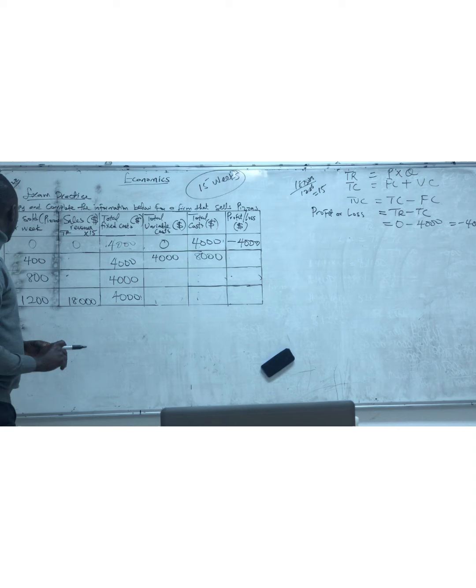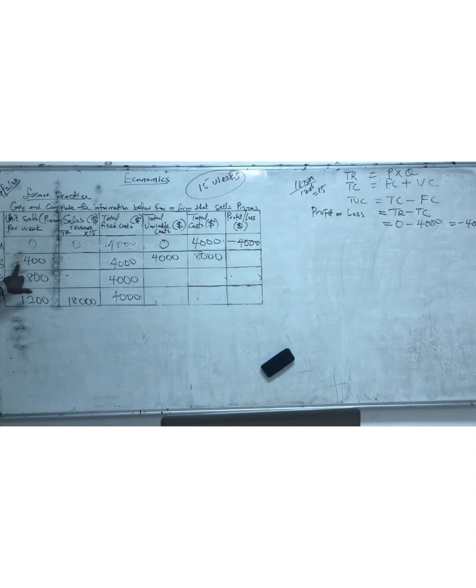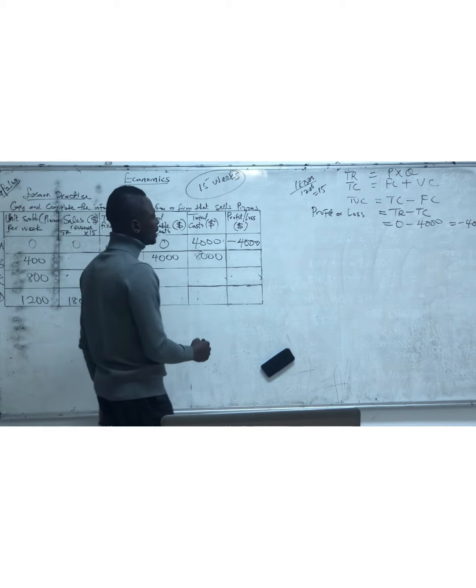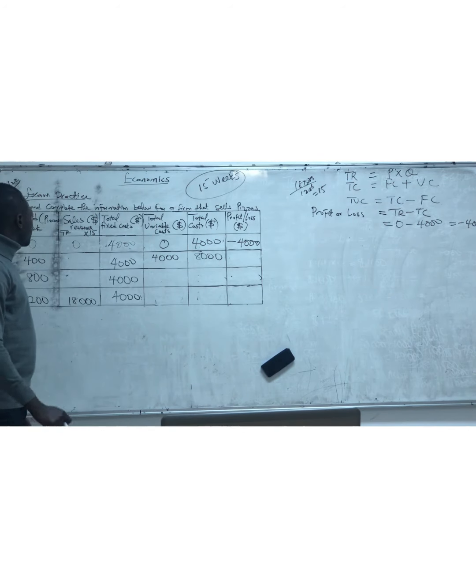Then for 400, it will be 400 multiplied by 15. So what is 400 multiplied by 15? That's 5,500, right? Or 6,000. 400 multiplied by 15, 6,000, right? 400 multiplied by 15. 6,000.